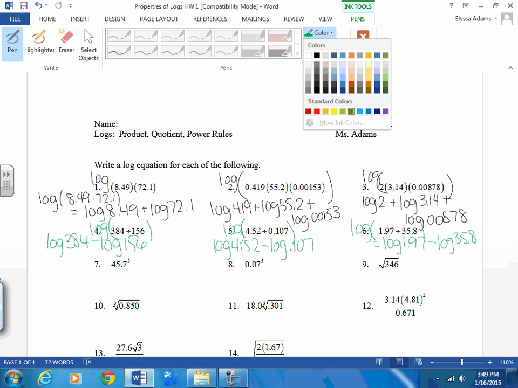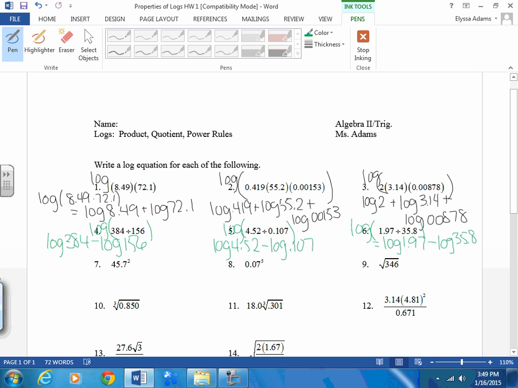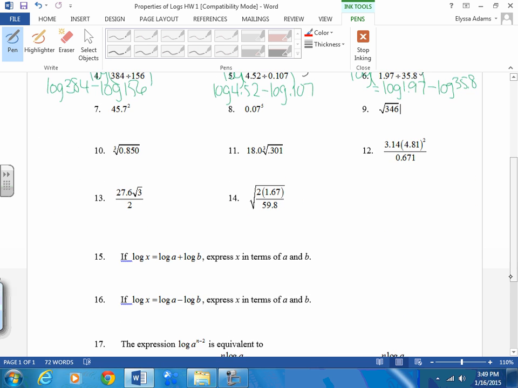The next thing that we had a rule for was the power rule, when we have something raised to an exponent inside of a logarithm. In this case, if I take the log of 45.7 to the second power, that 2 is going to pop out in front. I'm going to have 2 times the log of 45.7.